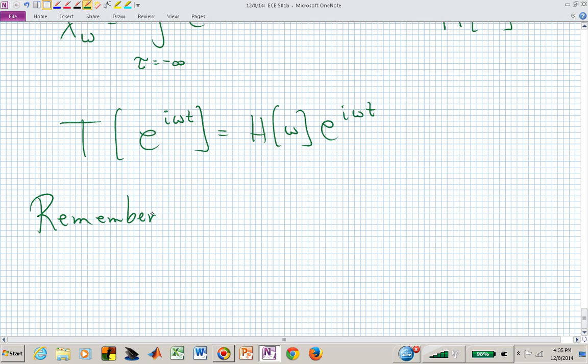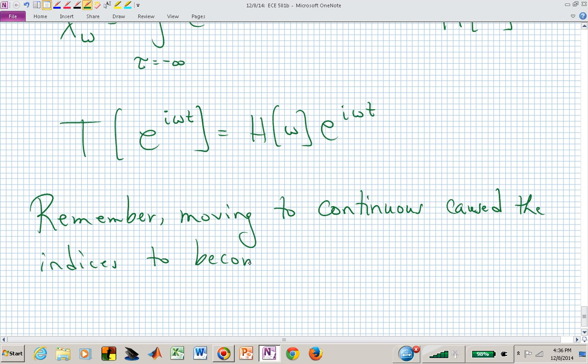What we want to remember is that zooming out on that list of numbers allowed us to transition from this coordinate of numbers, or this finite number of values, into an infinite or continuous stream. So remember, moving to continuous caused the indices, these i's, to become continuous as well.